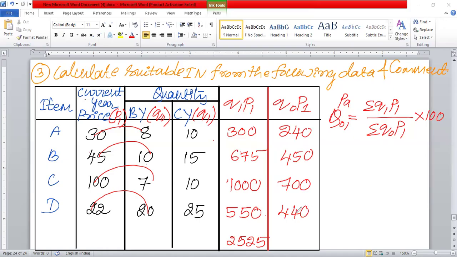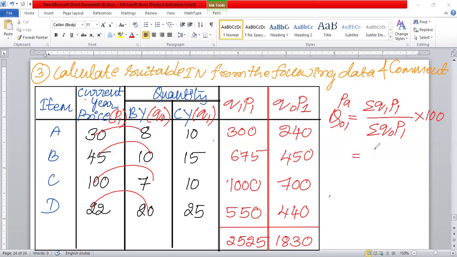So total of that: 240 plus 450 plus 700 plus 440, 1830. Okay. Now we are going to divide it.